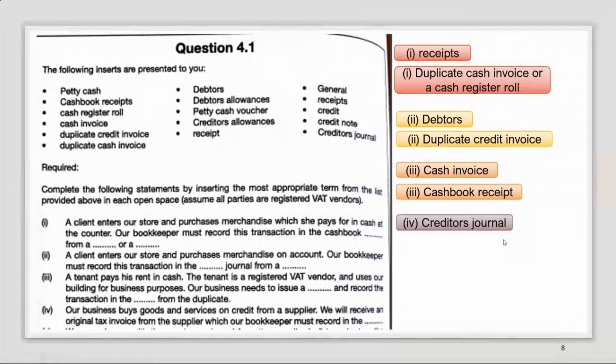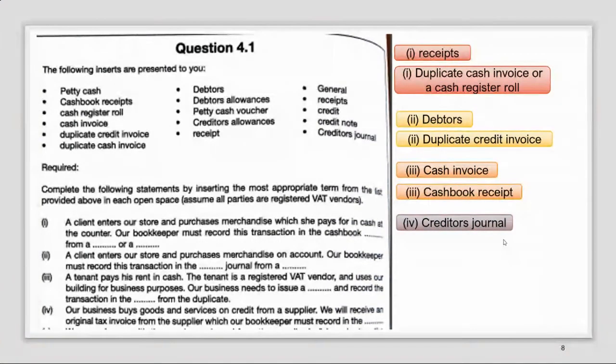Okay, so just remember, debtors links with sales, credit sales to our customers or our business clients, whereas creditors links to our suppliers where we buy something on credit.